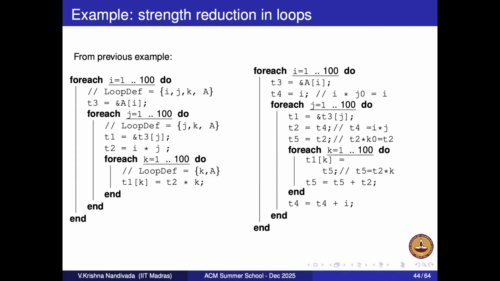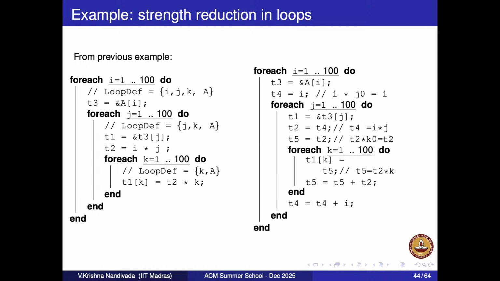We'll replace this t times k with just one temporary t5, where the initial value of t5 is t2 times initial value k0, which is 1. Then I'll increment t5 by t2.